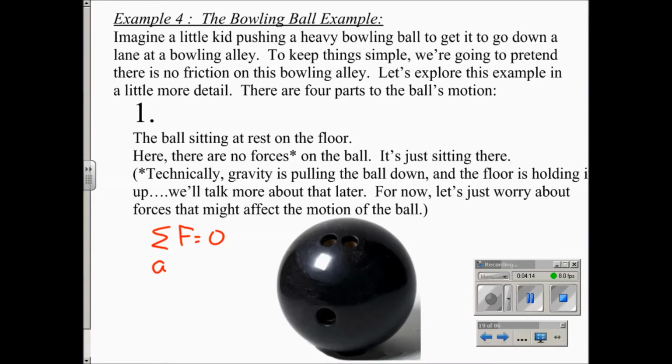That means the ball is not going to accelerate, and the velocity is going to stay constant, right? In this case, it happens that the velocity is 0 meters a second because the ball is not moving, right? So there's our three statements. That ball is not going to move unless somebody pushes it. Okay? There's a little asterisk here too that's probably worth commenting on.